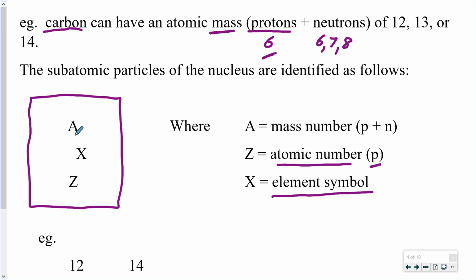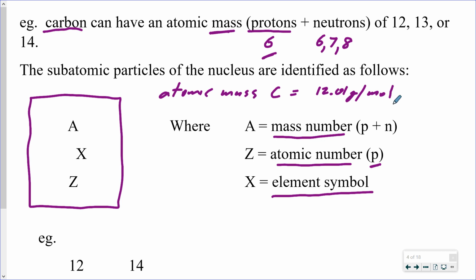At the upper left-hand side, the capital A that I have here is the mass number, which is not the same as the atomic mass. The atomic mass for carbon, again, if you take a look at the periodic table, is 12.01 grams per mole. If you have 1 mole of carbon, it weighs 12.01 grams.